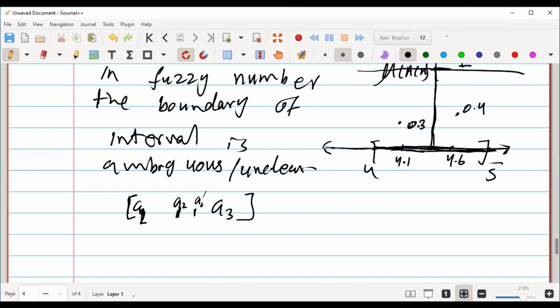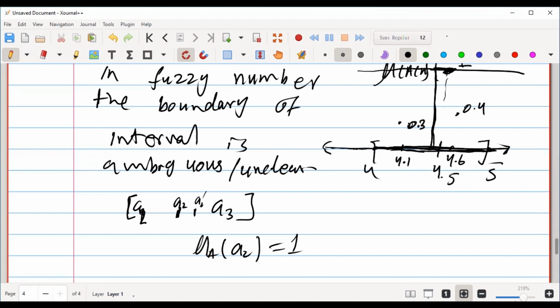This means that the membership function mu a of a2 must be 1 at the peak point. Like in the interval 4 and 5, we have a peak point 4.5. At this peak point, the membership function must be 1. And at other points, it is not necessary to be 1.